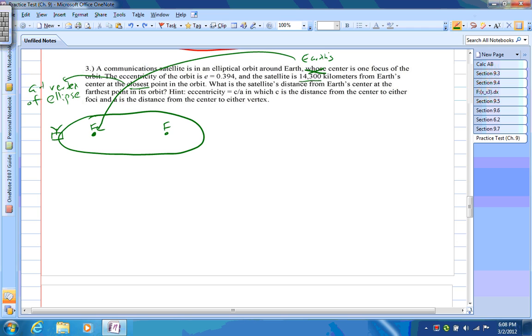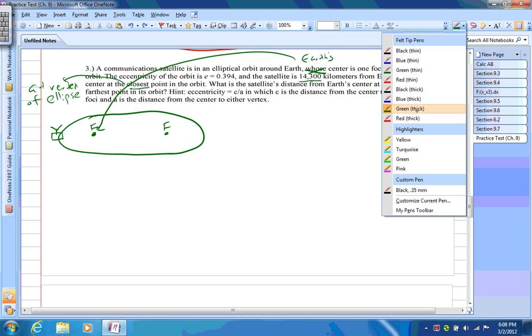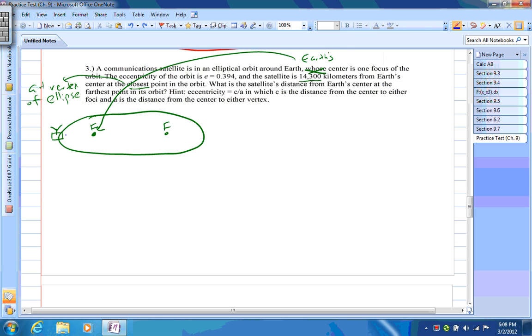So you're told that's 14,300 kilometers from the Earth's surface. Sorry, from the Earth's center. So that's going to be right there. You're also told the eccentricity is 0.394. We'll come to that in a little while. Here's the question.